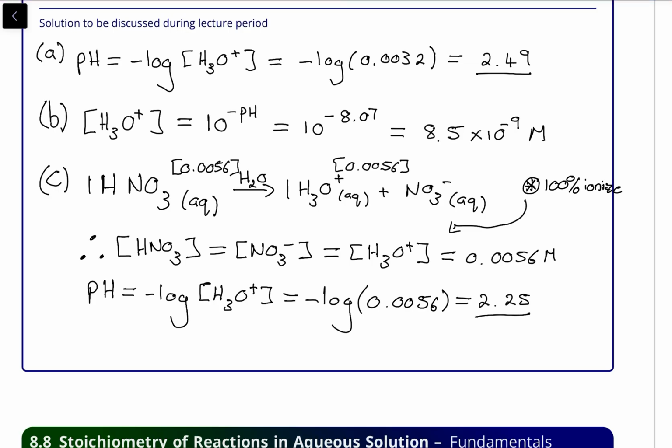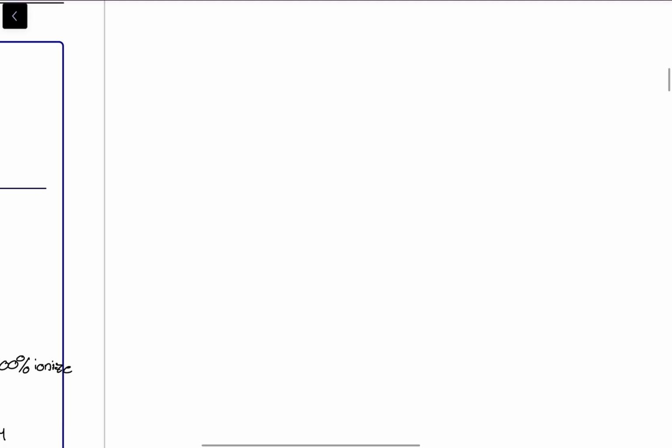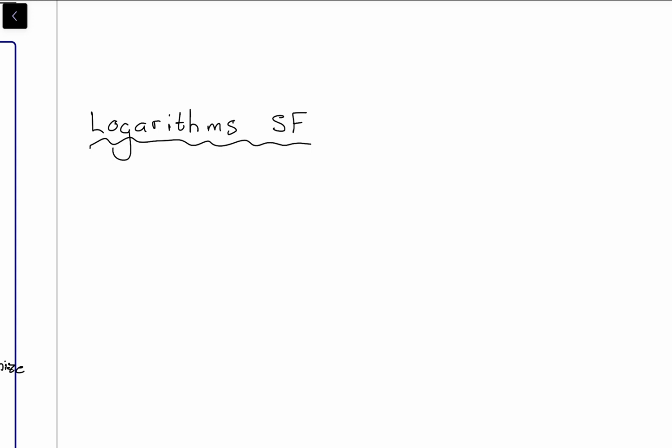Why is that? Well, for logarithms, how they work, maybe I can just do this off to the side. Logarithms, significant figures. All right. The textbook also gives this in the appendix, which I gave in the notes.